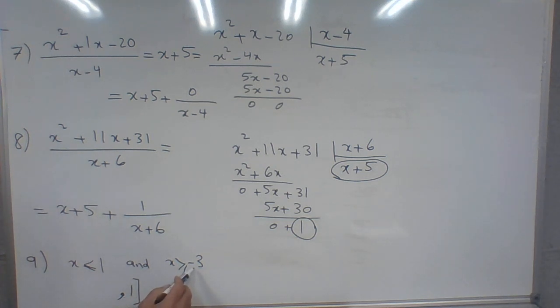Fortunately, -3 is less than 1, so we can write it at the left of 1. And then it needs to contain everything more than that. So it comes to everything equal to -3 or greater and less than or equal to 1. So this will be the interval notation of this inequality.